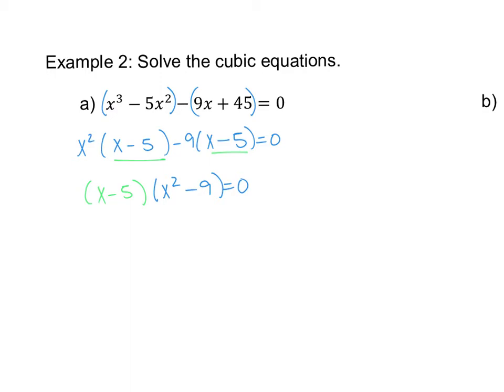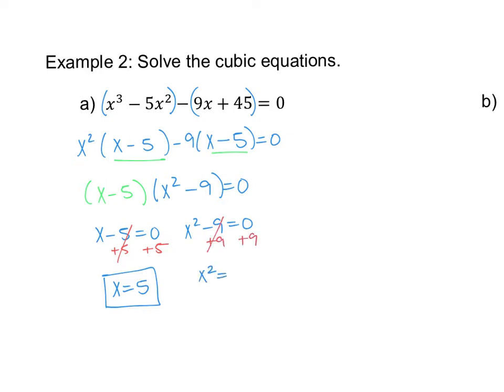And now that I have everything factored, I can set them equal to 0 to solve. So x minus 5 equals 0 and x squared minus 9 equals 0. I'm going to add 5 to both sides. This cancels, and it looks like x equals positive 5 for my first x. This one here I'm going to add over 9, and it looks like x squared is going to be equal to 9.